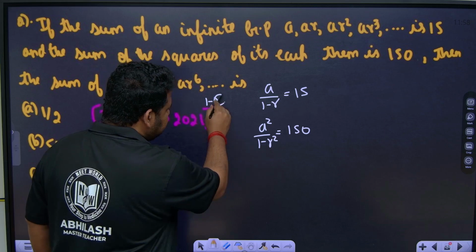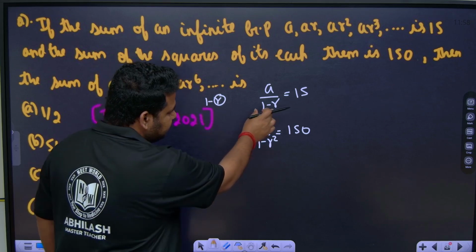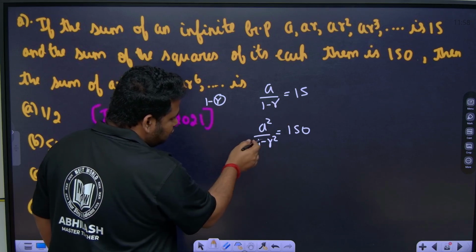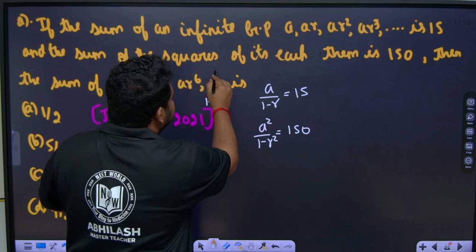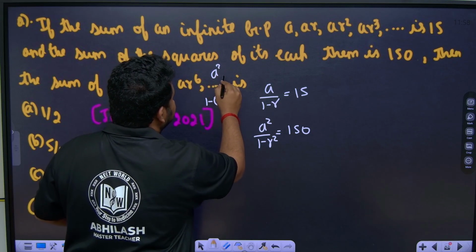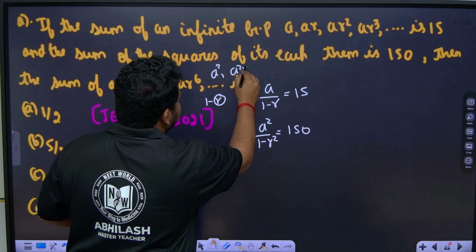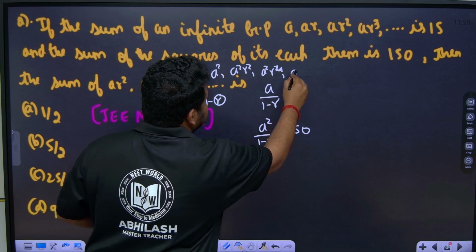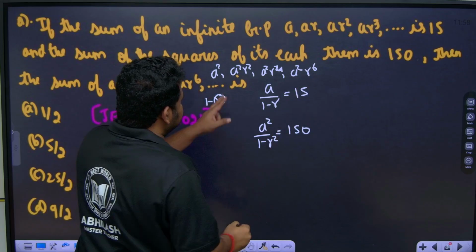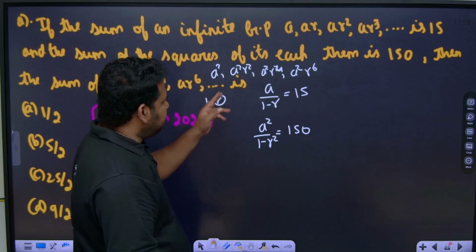We are considering only r here. The 1 has no role to play here. When you square, we are writing it like this: a square r square, a square r to the power of 4, a square r to the power of 6, like that. So r is changing, but here the 1 stays.